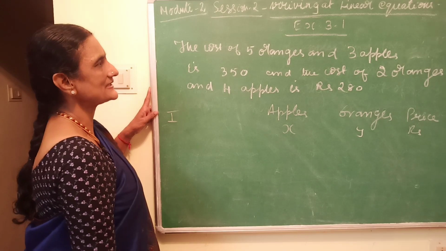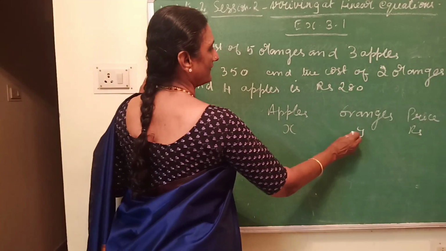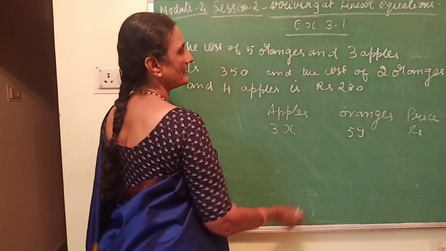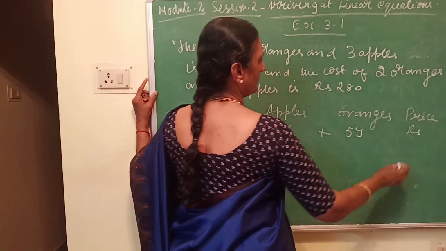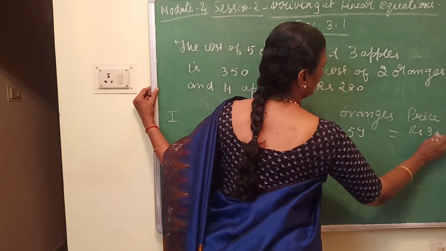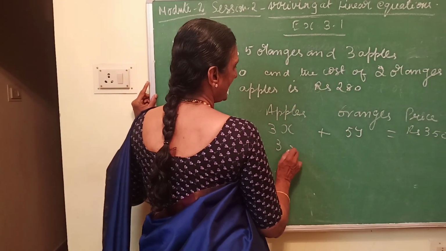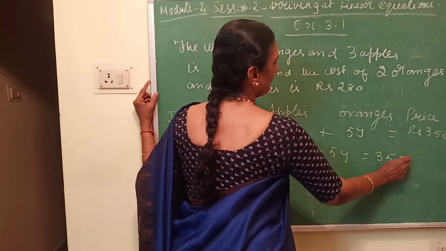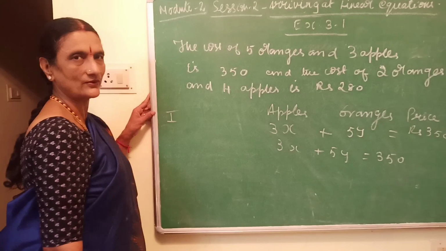5 oranges and 3 apples. So 5 oranges, and then 3 apples is 3x, and then 3x plus 5y gives you rupees 350. So I can equate this, that is 3x plus 5y is equal to 350. This is equation 1.